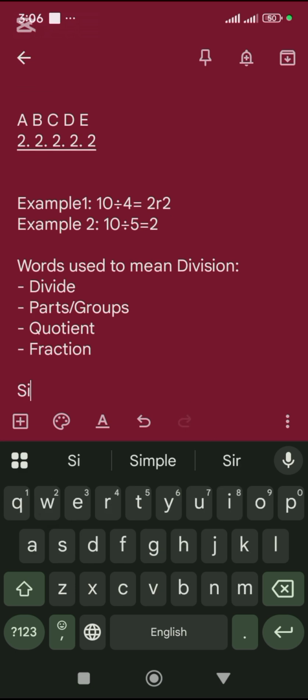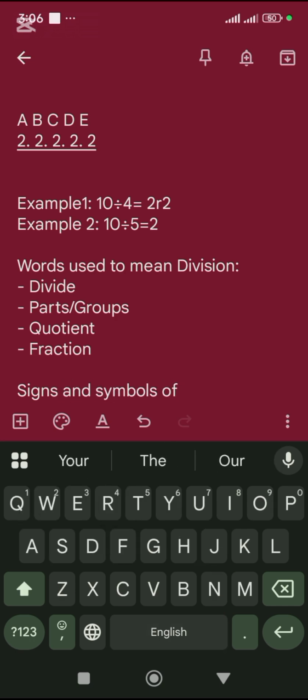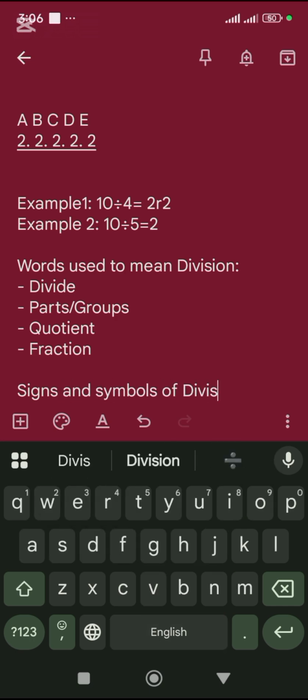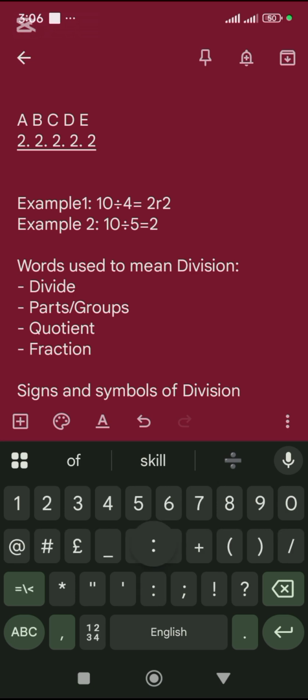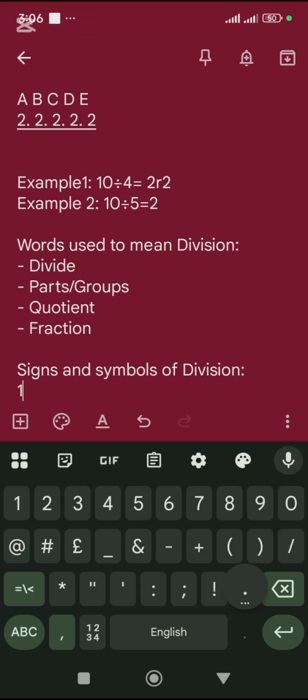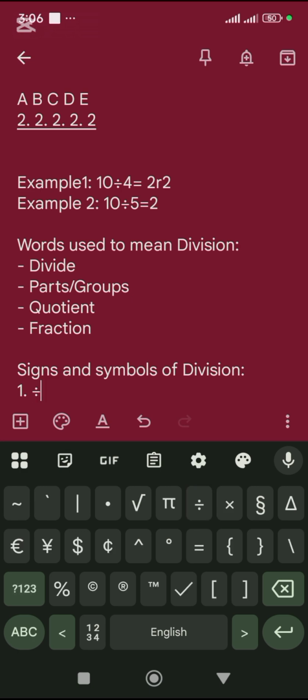We have signs and symbols of division. Number 1, we have this, which is also called the division sign.